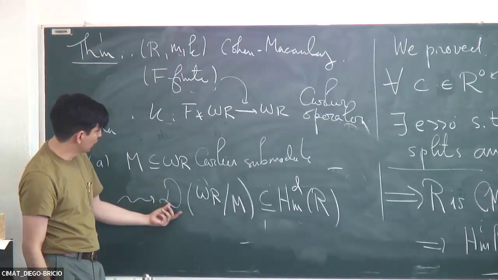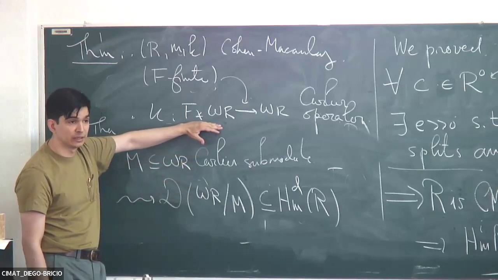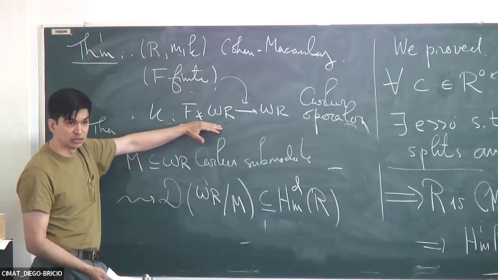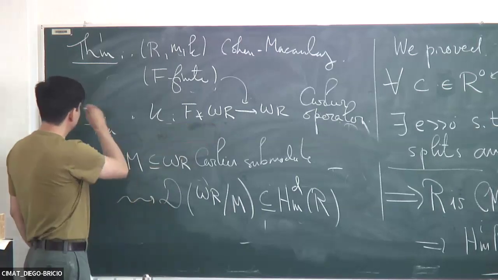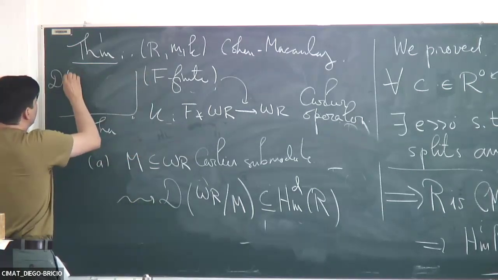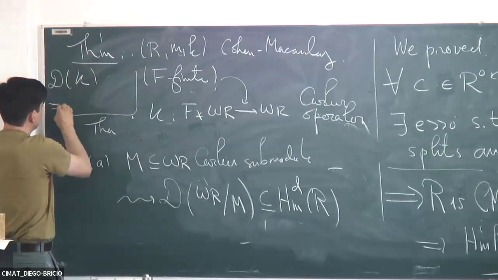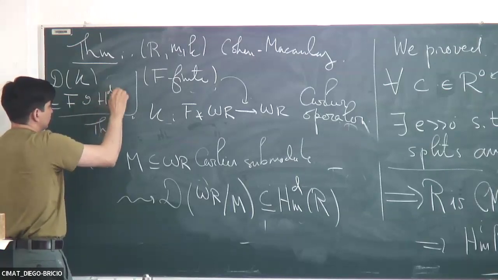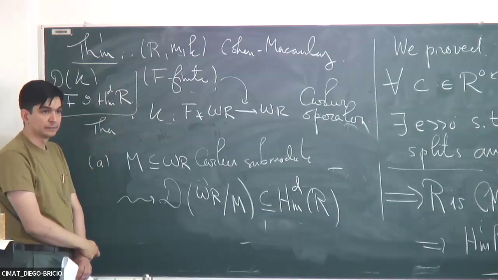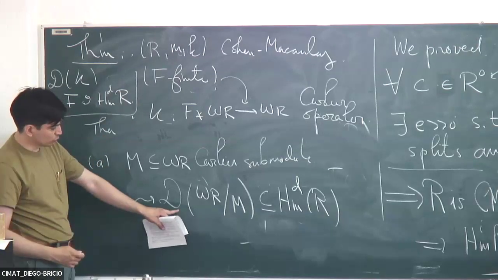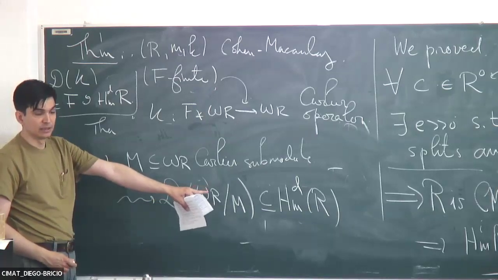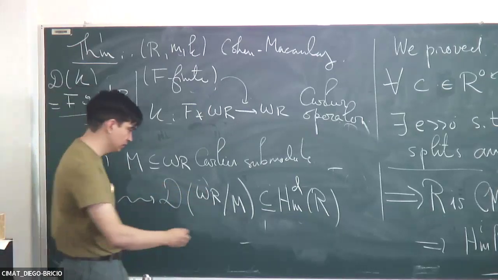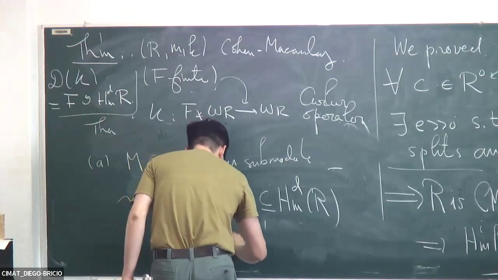Remember that when you apply matrix duality to the Cartier operator, what did you get? You get the Frobenius action on local cohomology. Remember? So that's a very important point here. Matrix dual of kappa equals F on this guy. Right? And so when you do this, what you get is an F submodule.